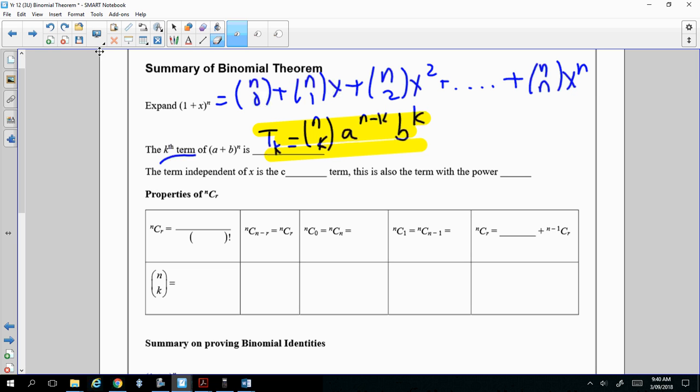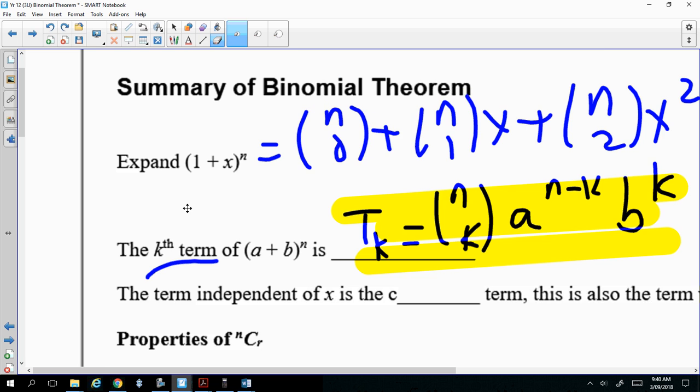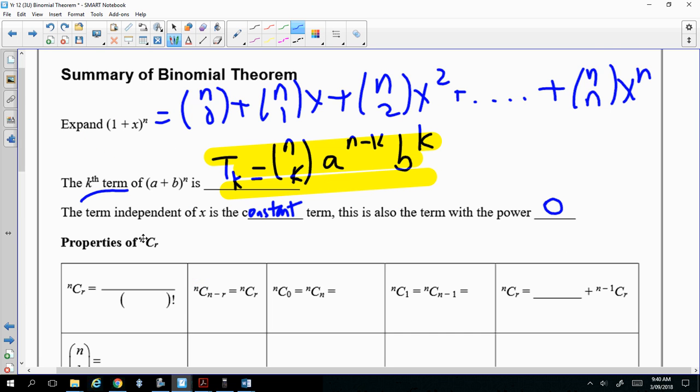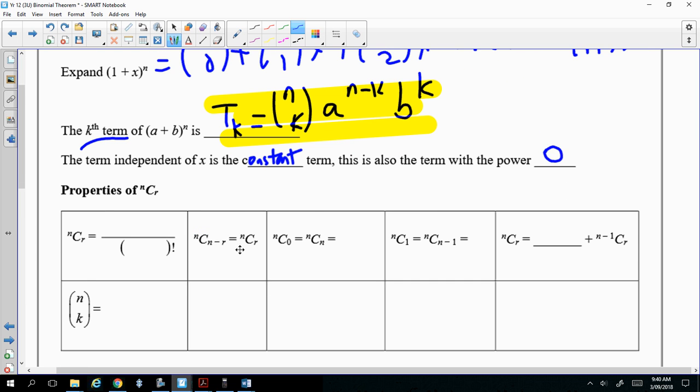And then we also need to know some formulas about nCr. nCr equals n factorial over r factorial times n minus r factorial, which is not on the formula sheet. So you have to memorize it.